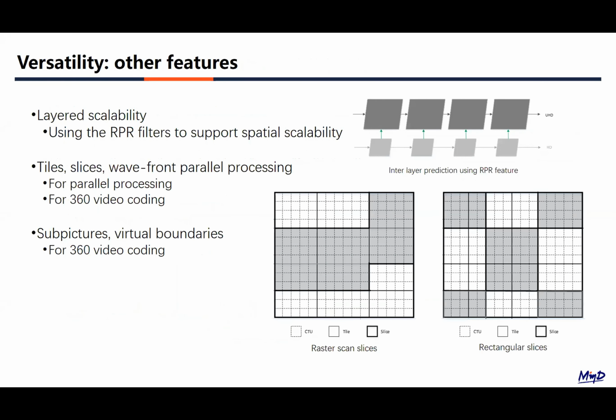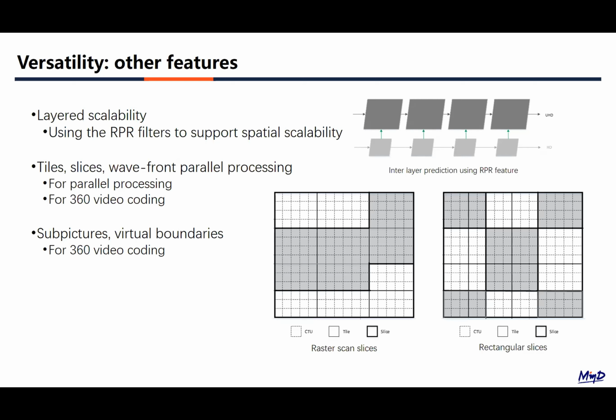With RPR, layered scalability with spatial scalability is basically a given, because what that requires is really just inter-layer prediction from a reference picture that has a different resolution, which RPR already addresses. Because of that, VVC version 1 supports layered scalability of different spatial resolutions. Other features include parallel processing.